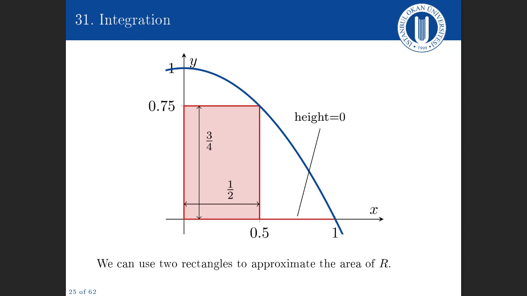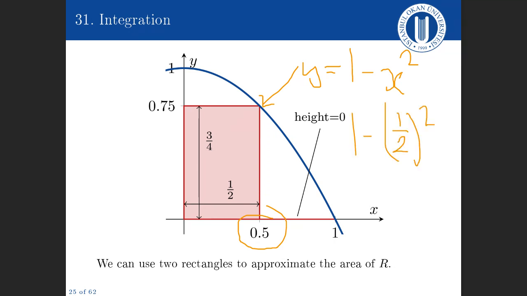The right-hand rectangle has height 0, and the left-hand rectangle has height 3/4. How do I know that? Well, because this is y equals 1 minus x squared. If x is a half, that's 1 minus a half squared. 1 minus a quarter, that's 3/4.